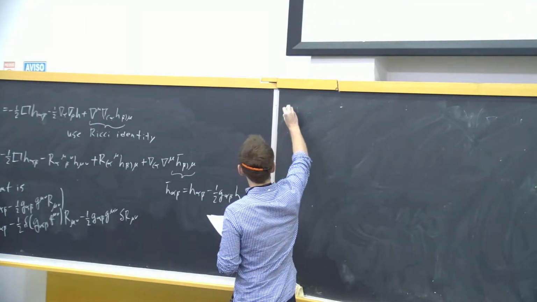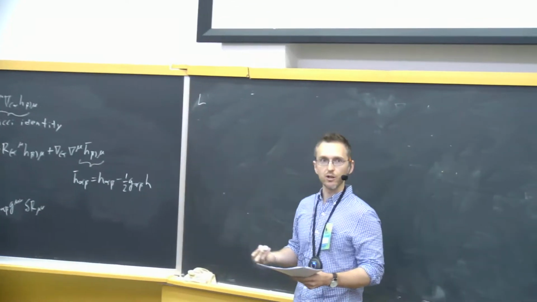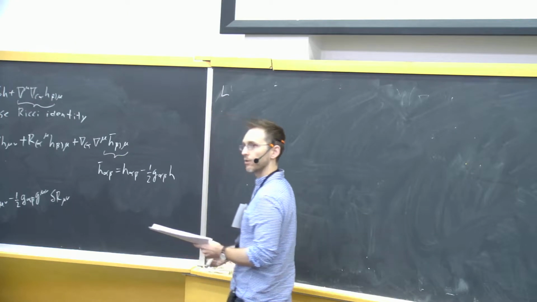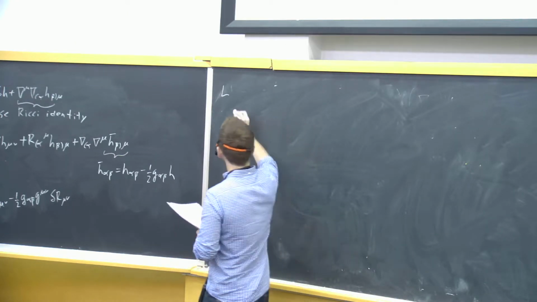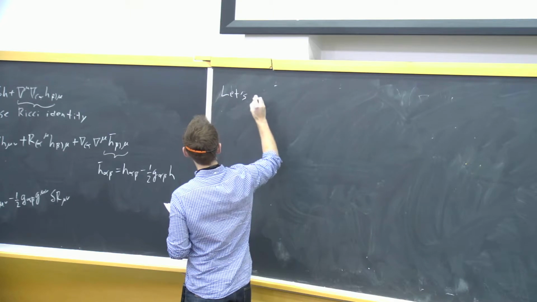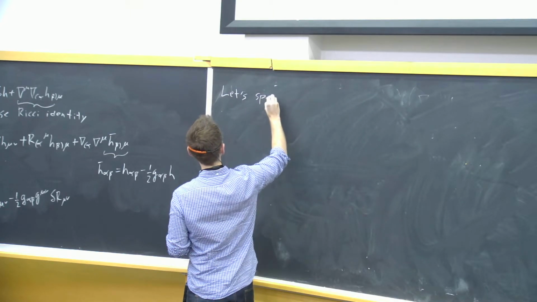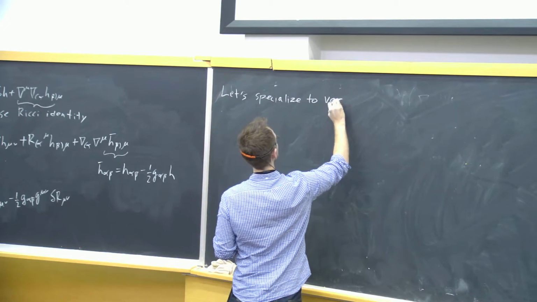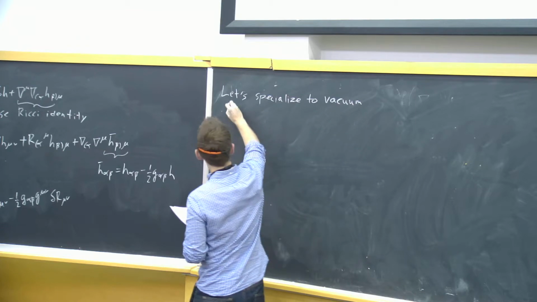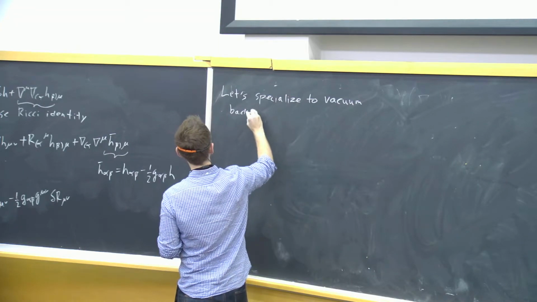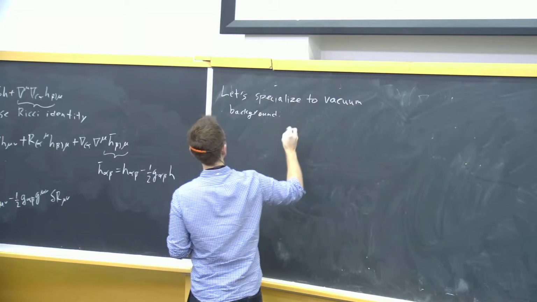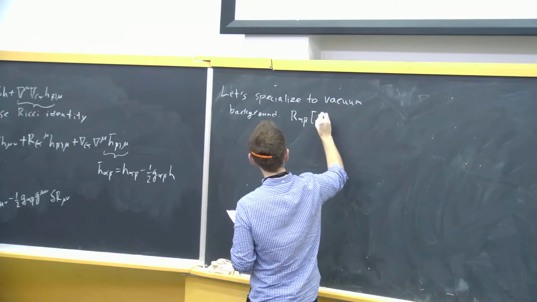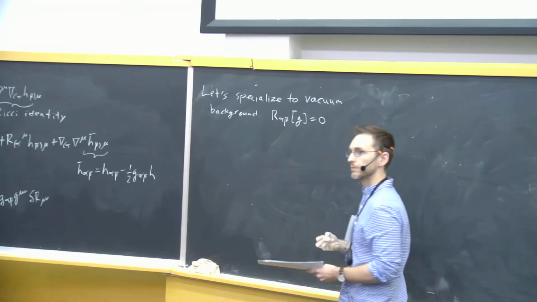So now let's specialize. Everything I've said so far is very general. The background can be anything. Ultimately, we want to apply this to a Kerr background, a black hole spacetime background. So we're going to specialize to vacuum backgrounds. In a vacuum background, the Ricci tensor of the background metric is 0.